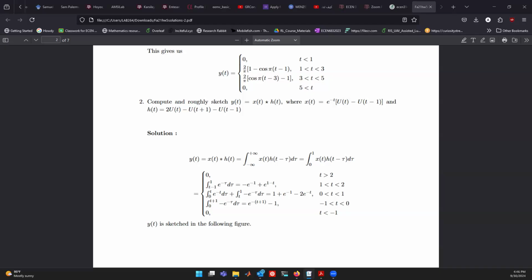Now for h(t), it is 2u(t) minus u(t plus 1) minus u(t minus 1). Let's plot each of these individual step functions, and then we'll find h(t), the impulse response.